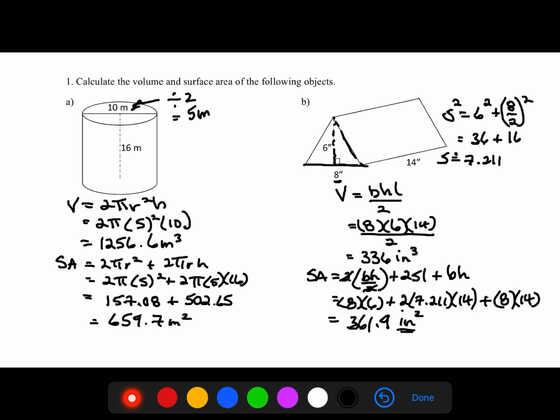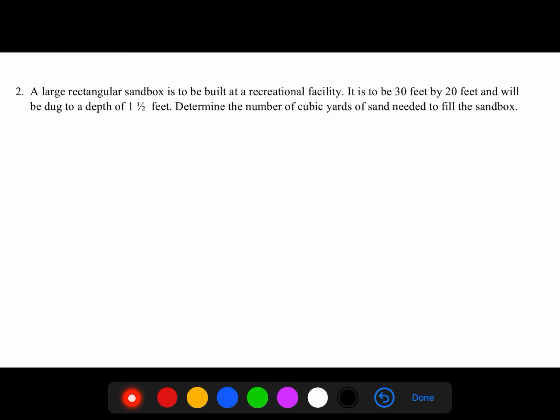And when we do that, we get 361.9. We notice that we're using square inches, which means we're going to change this into a fraction. And our answer is 361 9/10 square inches.